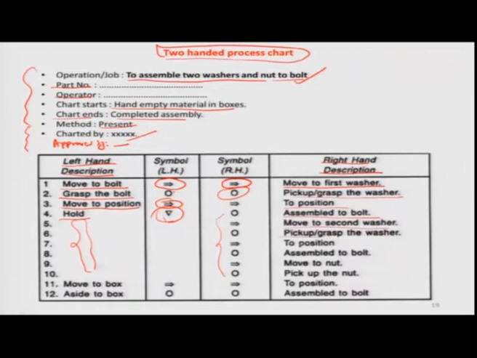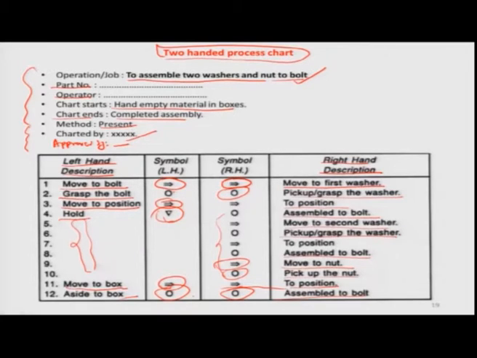Move to the second washer, pick up and grasp the washer, then to position, then assemble to bolt. After that move to the nut, which is transportation, pick up the nut, again an operation, and after that move to the box. After assembly you are moving your left hand so that it will be kept in a box, again to position, aside to the box, then assemble to bolt.